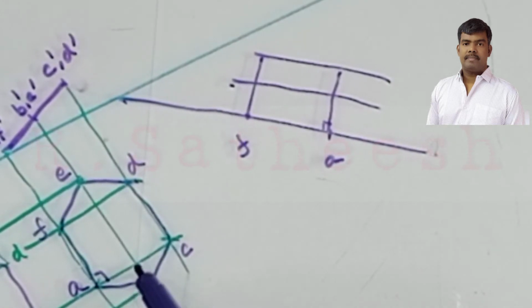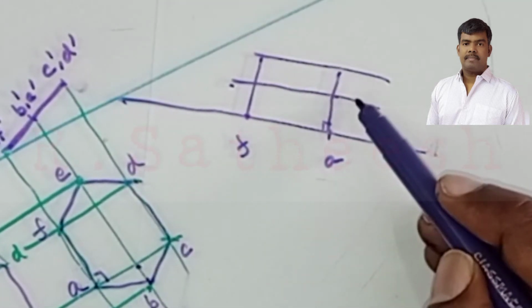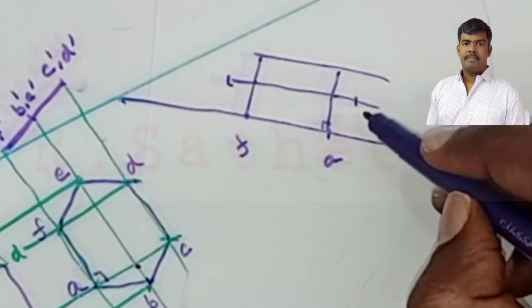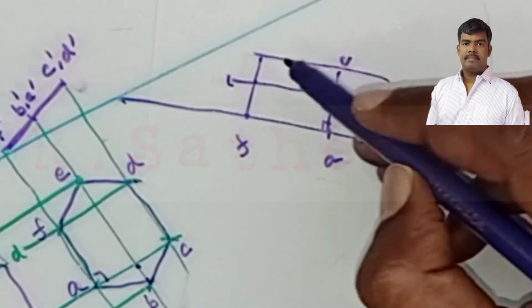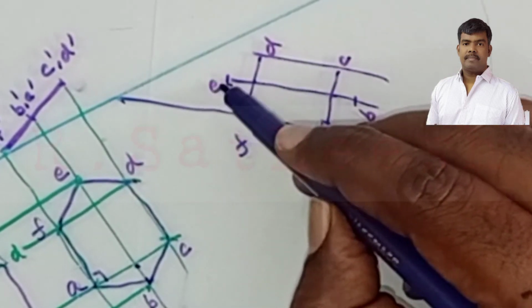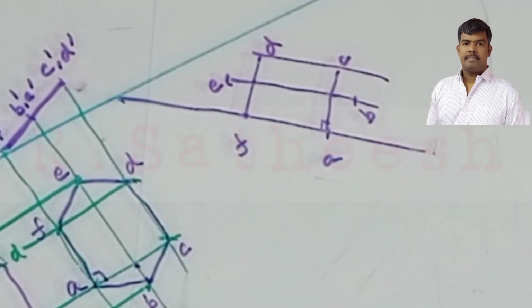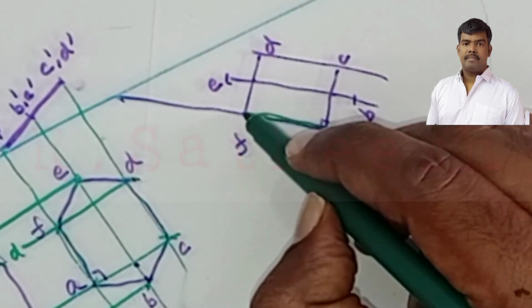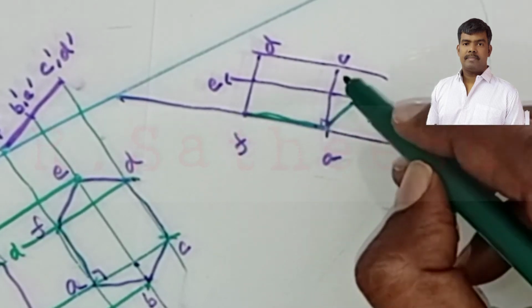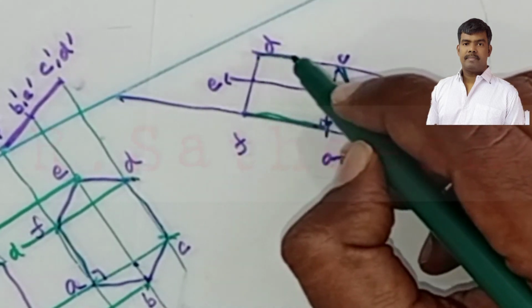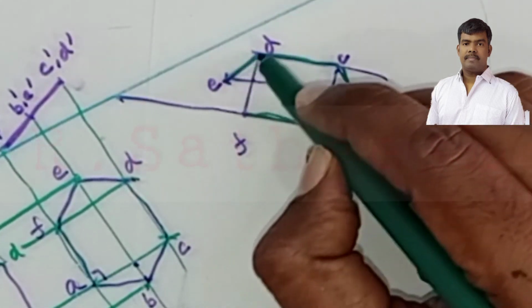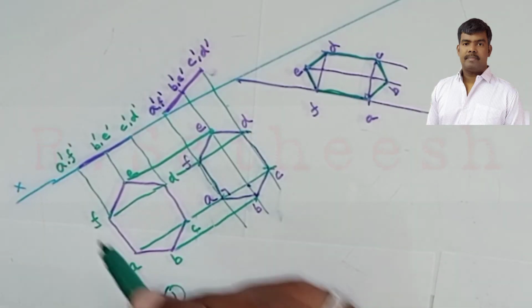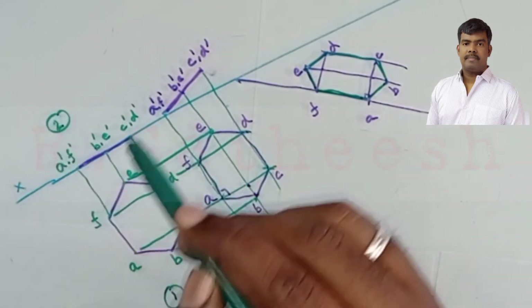From here to here is B, and the same distance from here to here is E. So therefore A, B, C, D, E, F. This is the first diagram, this is the second diagram.